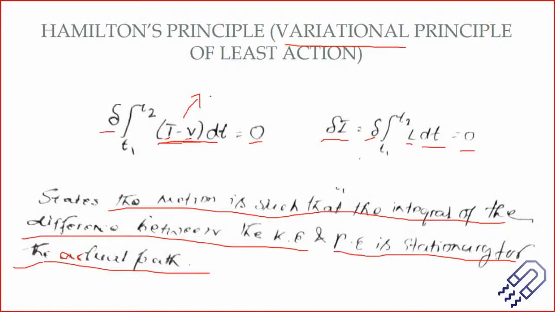So in that kind of system it might happen, but it is not always mandatory. If you generalize it more, we say that there might be a difference, but that difference remains the same throughout the motion of the path, it's not going to change much. And that is the essence of the variational principle. So that's Hamilton's principle or the variational principle of least action.